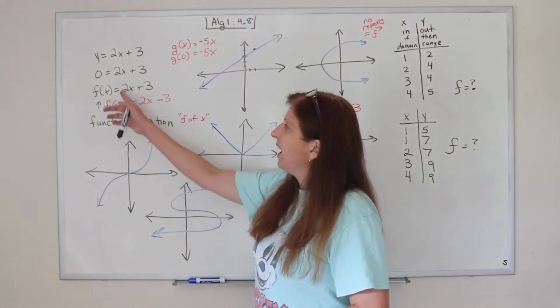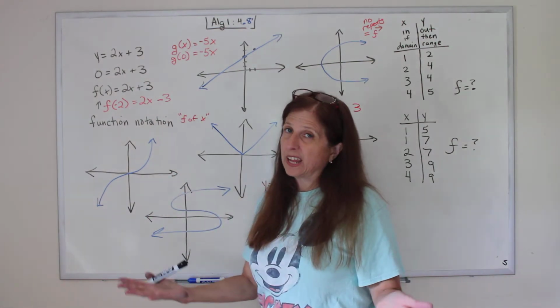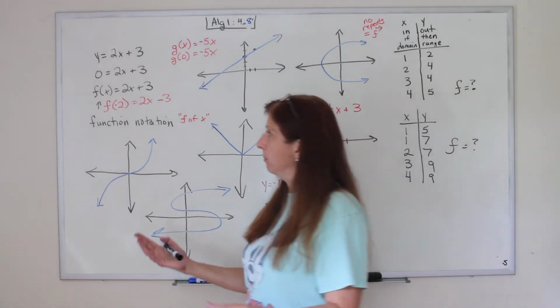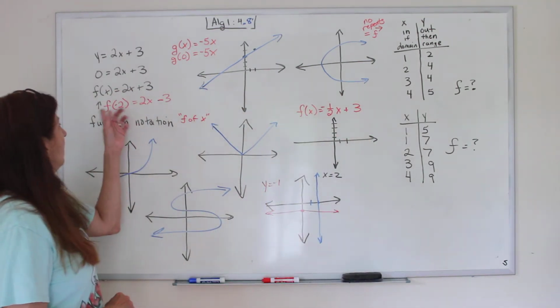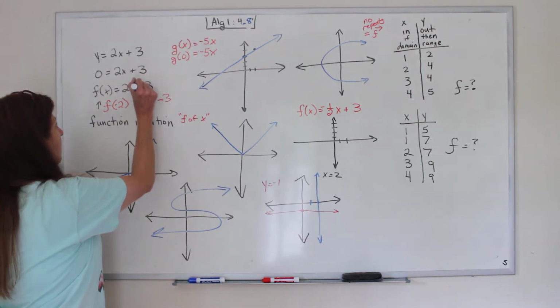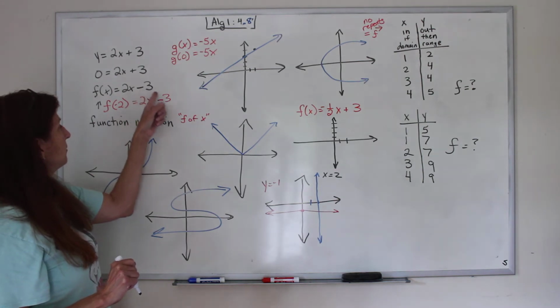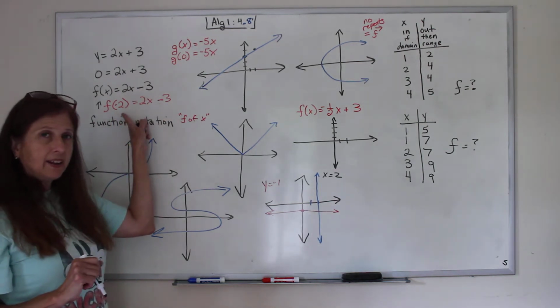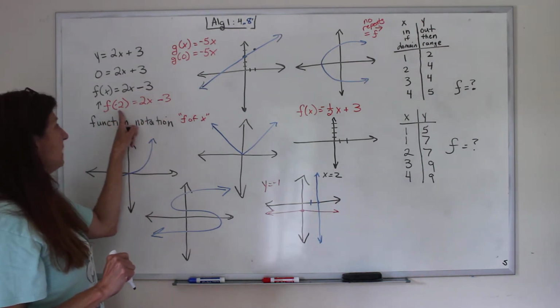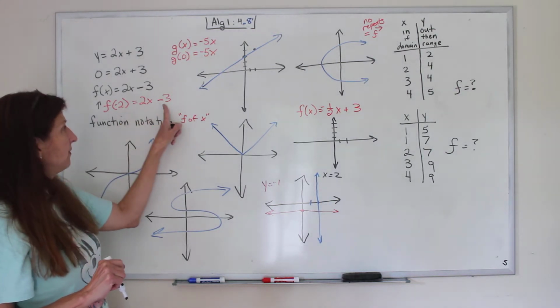Now, why even have this weird function notation? Well, it's a sort of shortcut way of writing a math problem. Here I have f of x equals 2x minus 3, okay? But you can write it this way: f, and instead of putting x, you put something there, and then have the equation.